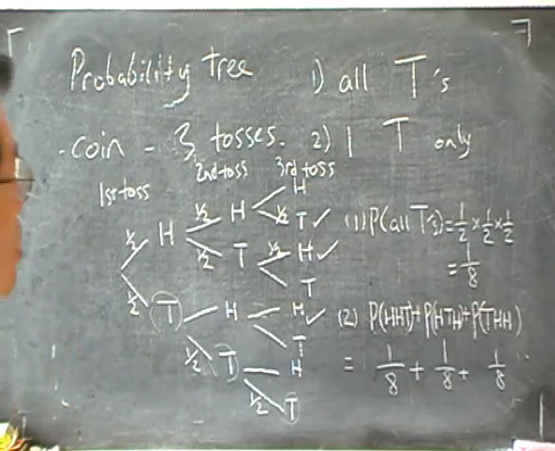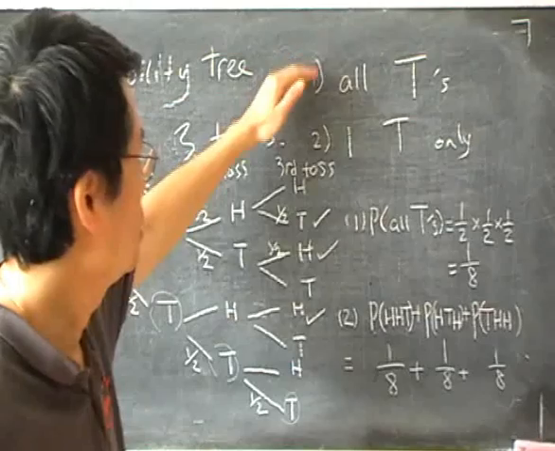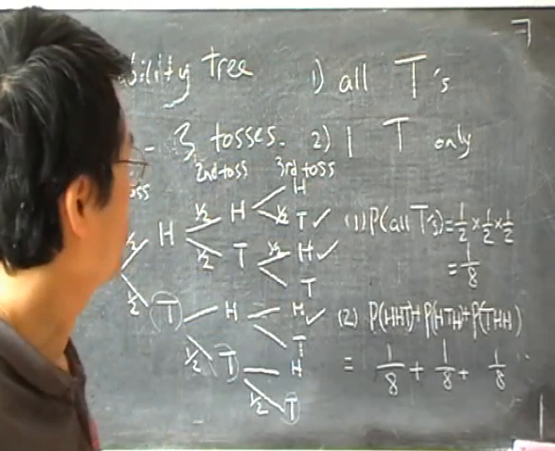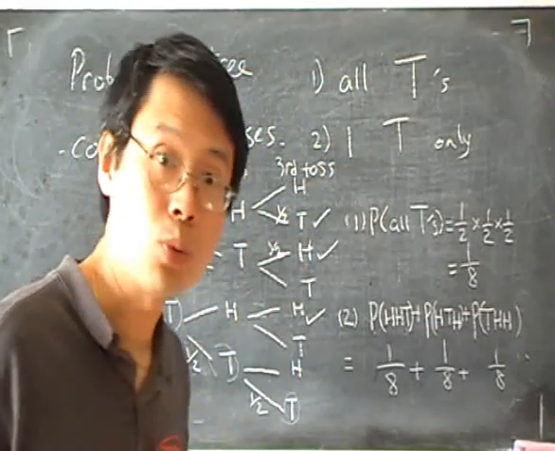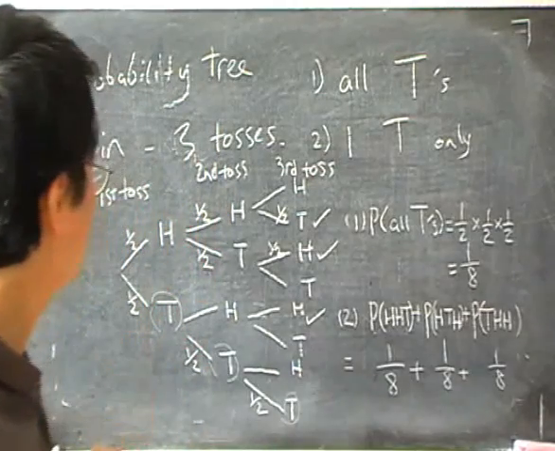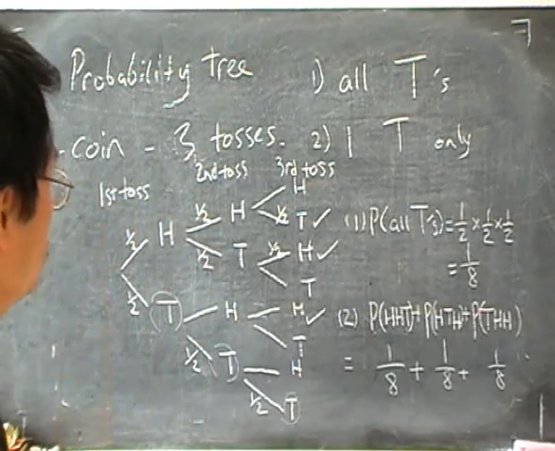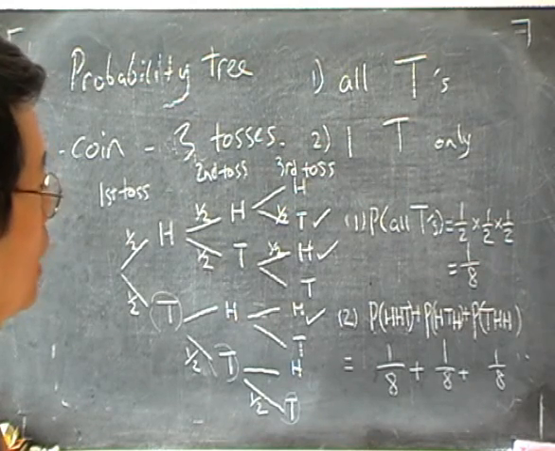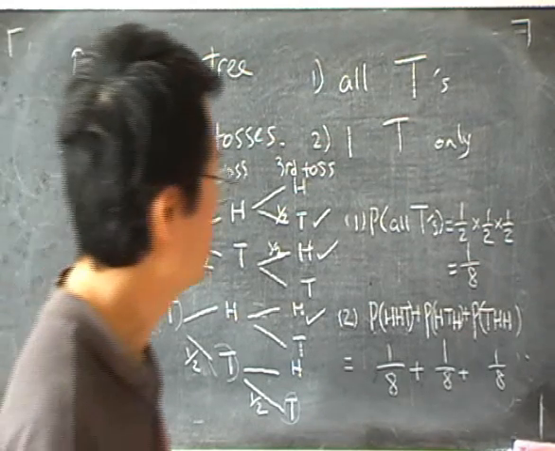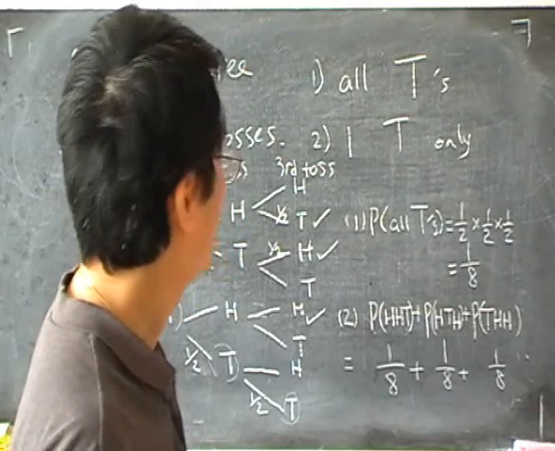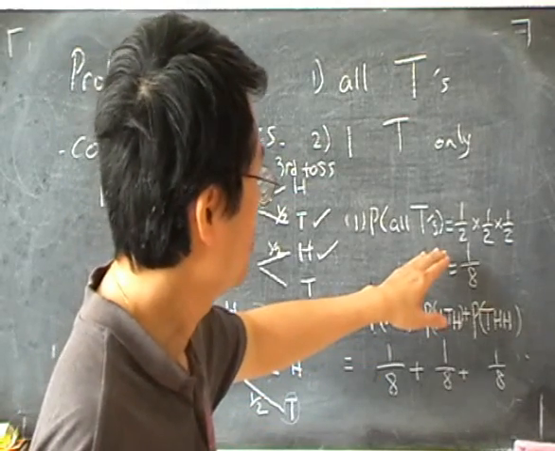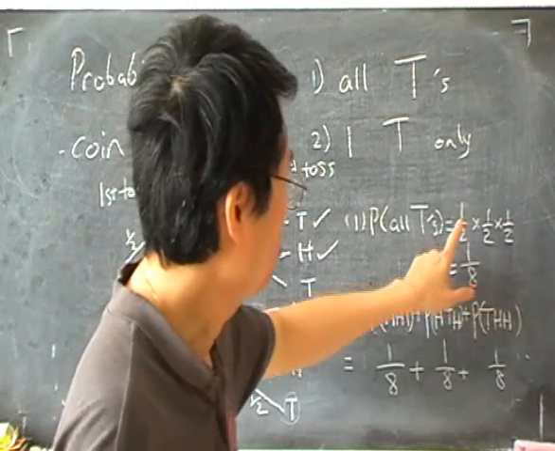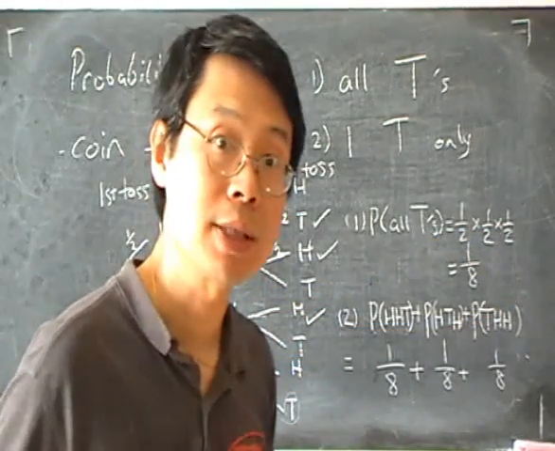So in this way, we have found the answer to both questions of getting all tails or just one tail only. And this is how we use a probability tree. But one thing I should mention here is the reason for multiplying the halves in the first example.